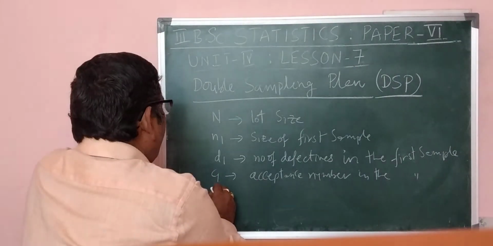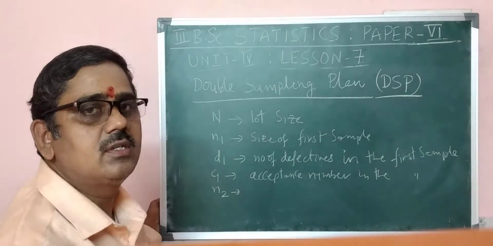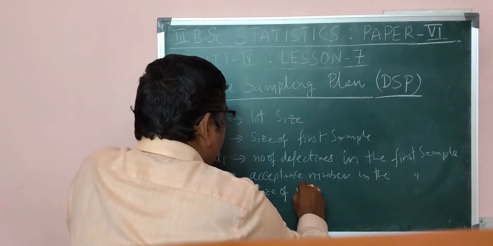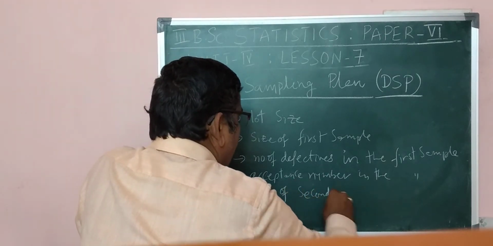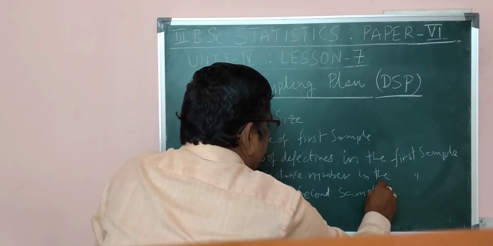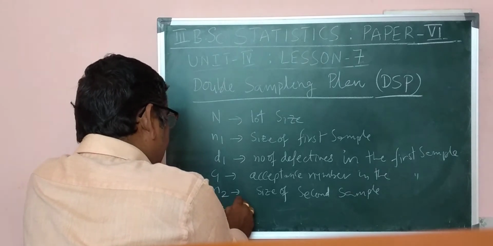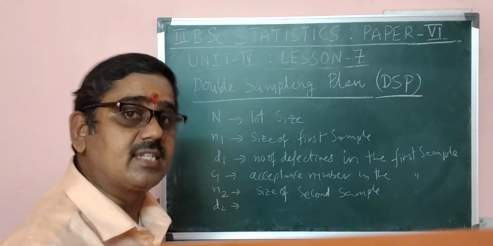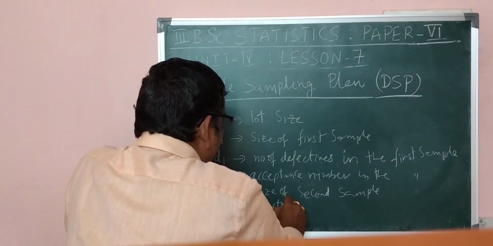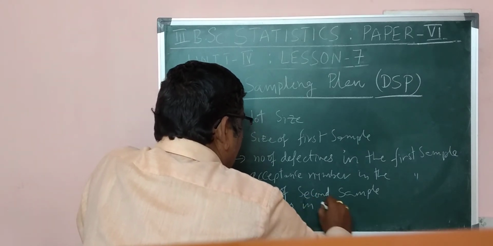Now you consider N2. What is N2? The size of the second sample. Let D2 be the defectives found in the second sample, the defective items obtained in the second sample.